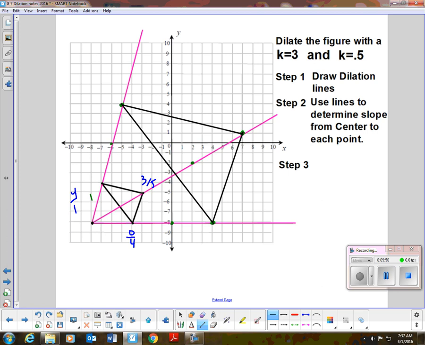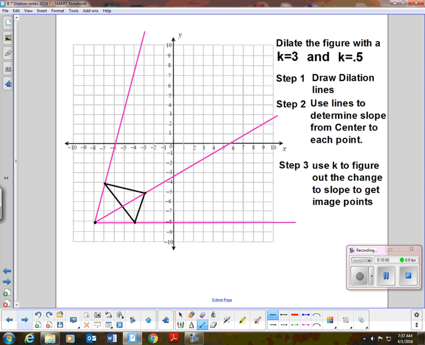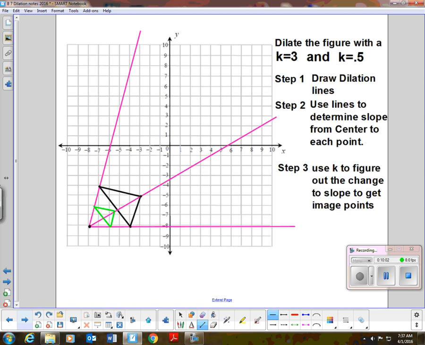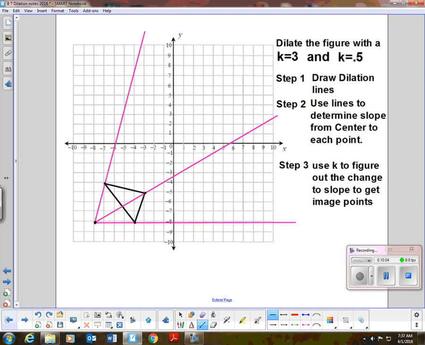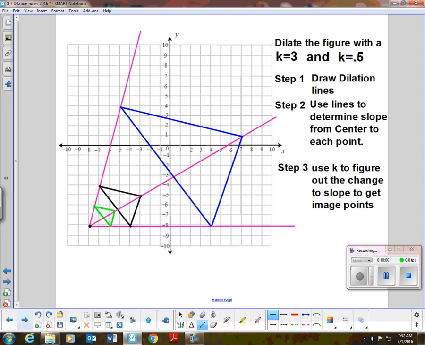Now, if I wanted to do this to a scale of 1/2 or 0.5, I would not take the slope, but I'd take half of the slope. And so here we can see that there's the factor of 3, and this one was 1/2.